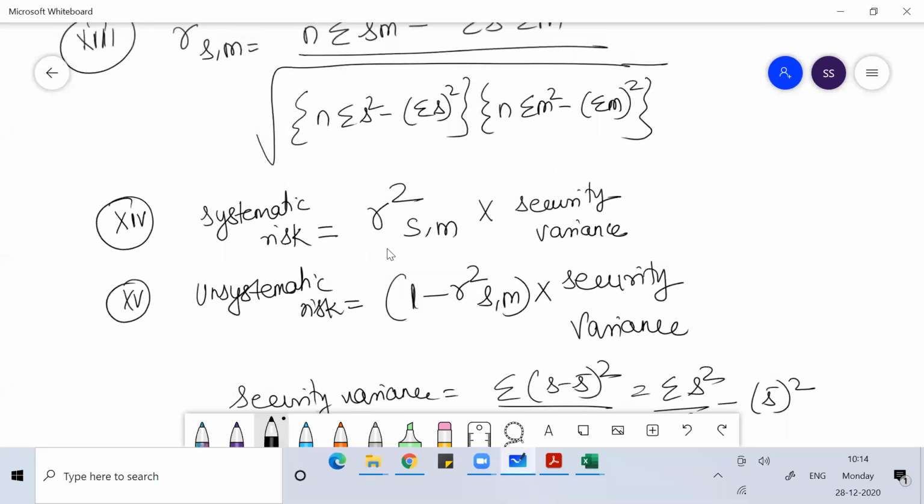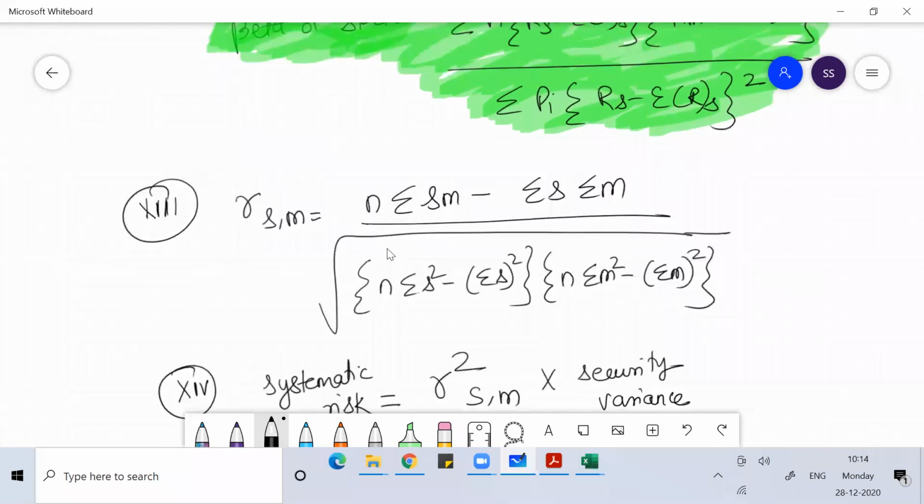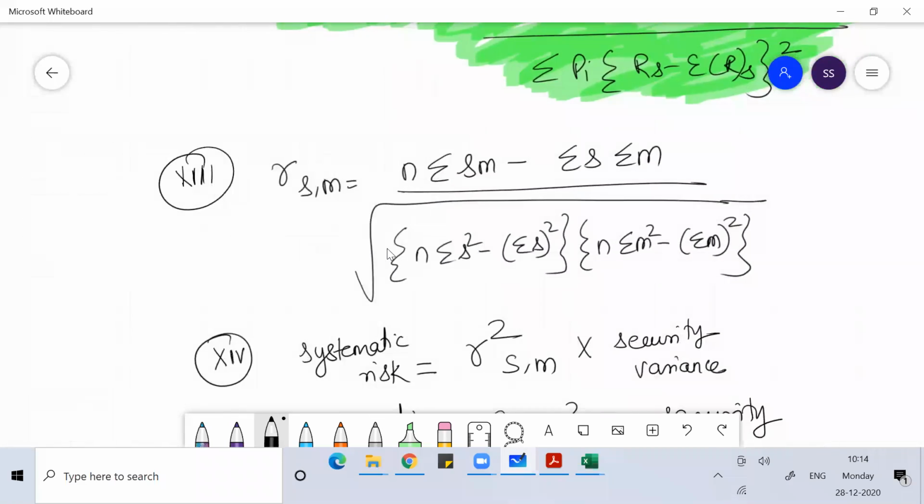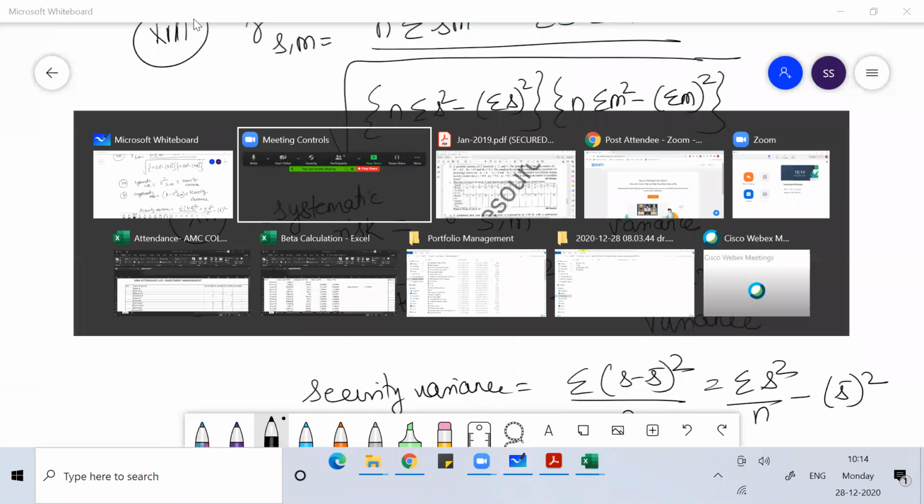So I hope you understood the calculation of security variance, systematic risk, unsystematic risk, everything.